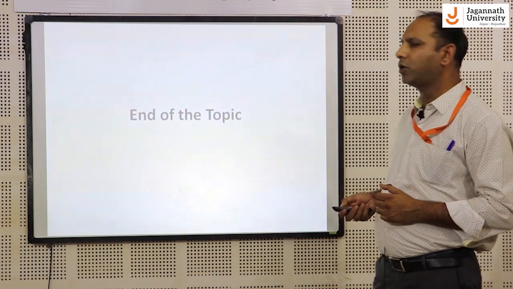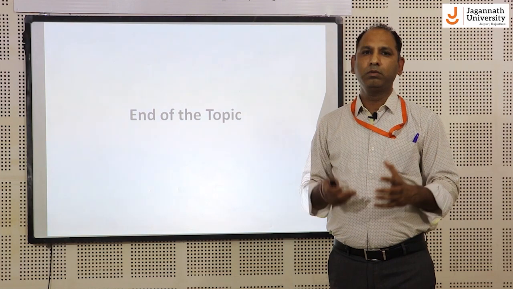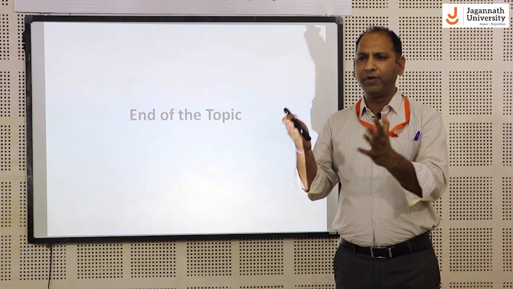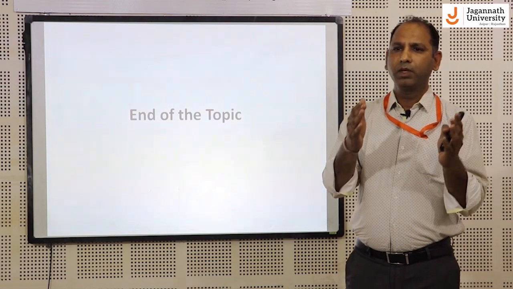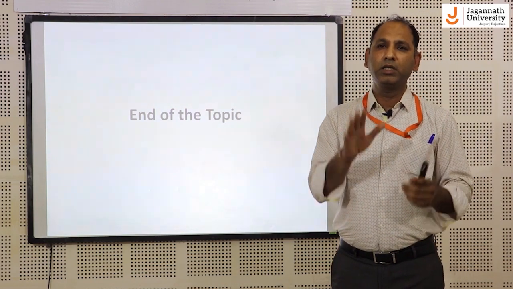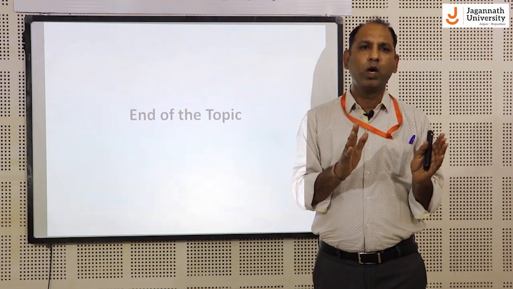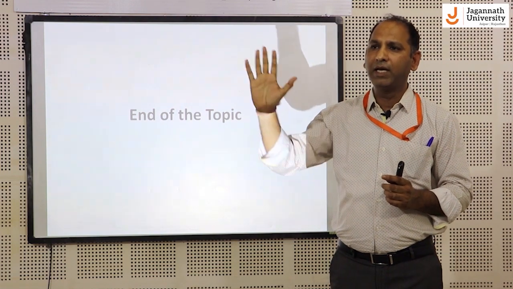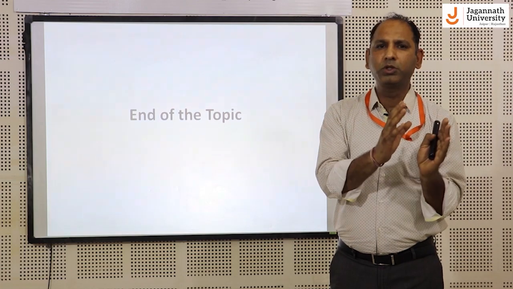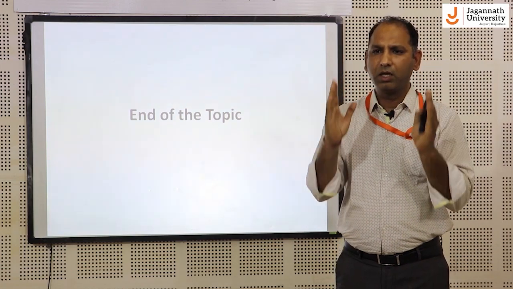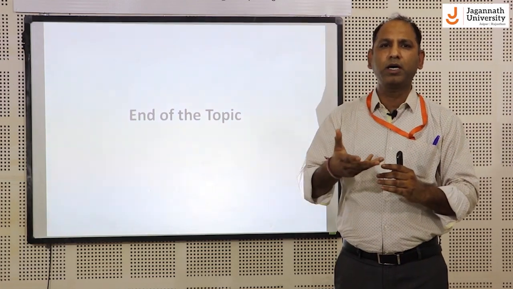This is the end of the topic. Now I conclude everything which we learned in the topic: computer architecture is the basic architecture required to define a system. What are the basic input systems, what are the basic mediator systems which process the data, and how we find outputs. This is the computer system.